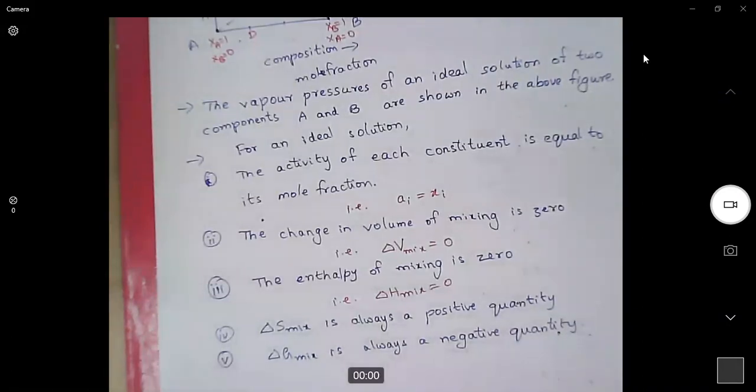The free energy of product must always be less than the free energy of the reactant, then only the reactant can easily convert to product. So that is why for a spontaneous reaction, free energy change is always a negative quantity.